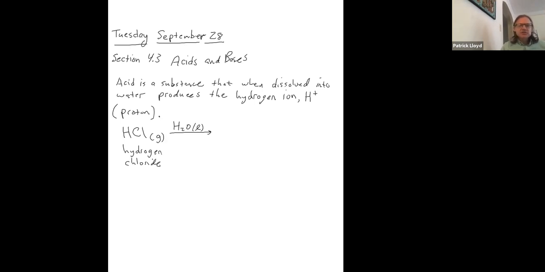So it's a gas. So you'd have like a little gas tank with a little hose coming out of it, and you would bubble the gas through that hose into the water. And what happens is the hydrogen chloride reacts with the water to form the hydrogen ion, which is dissolved by water. And then you also get a chloride ion as well. We're going to call them aqueous because they're now dissolved in water.